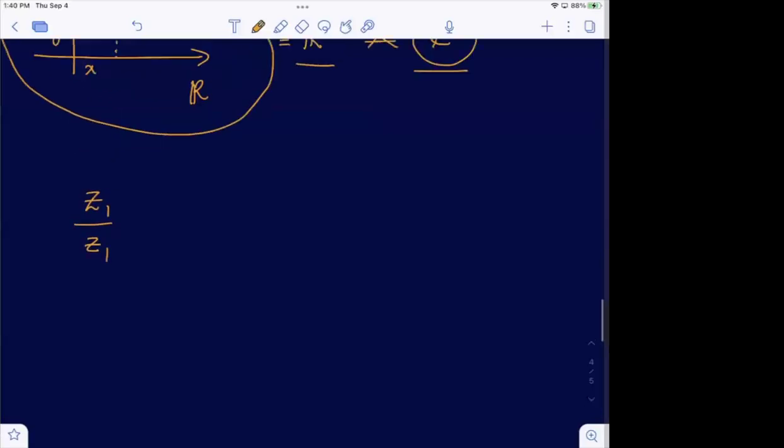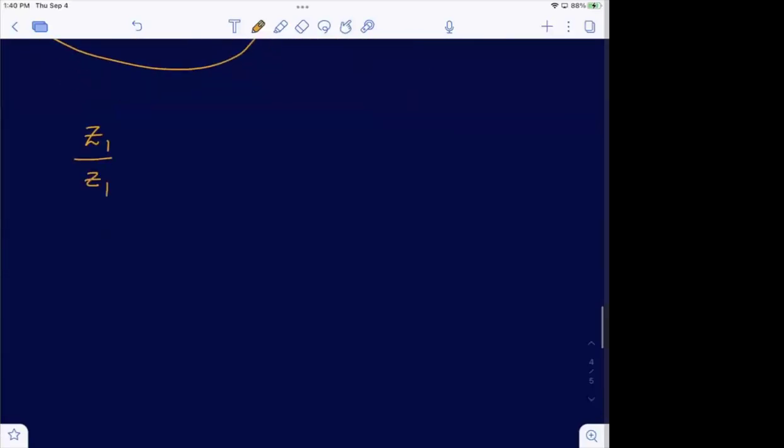Then let's talk about division of complex numbers. Yes, division of z1, we considered z1. Let me follow the same terminology, the same notation. z1 divided by z2.